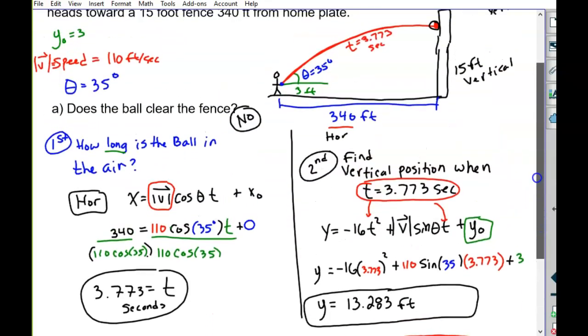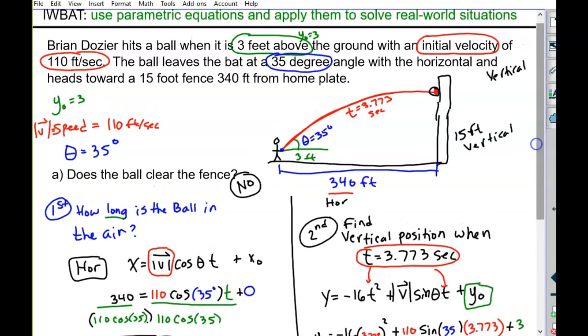So what did we do? Let's recap quick. We took the information. We knew the initial height that the ball started when it was hit. That was 3 feet. We knew the speed, which is the absolute value of the vector, the magnitude of the vector. We knew the angle at which the ball left, which all of those fit nicely into our equations, and the only thing we didn't know was the time.